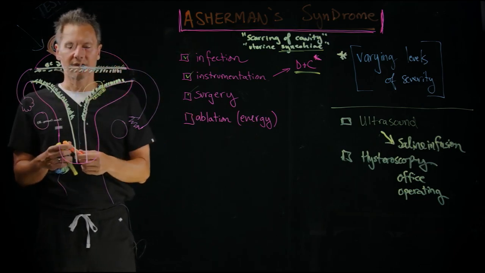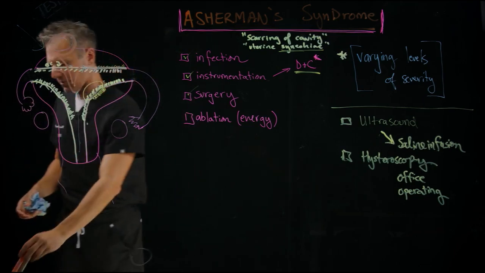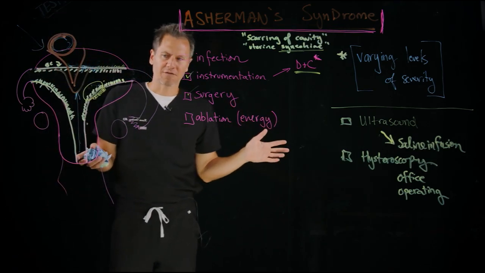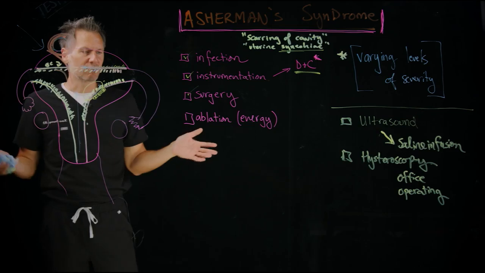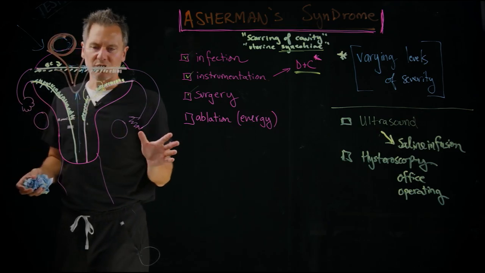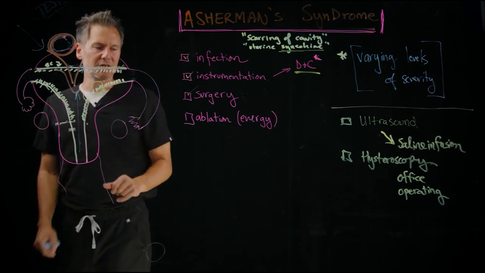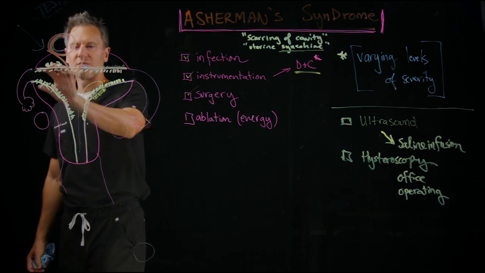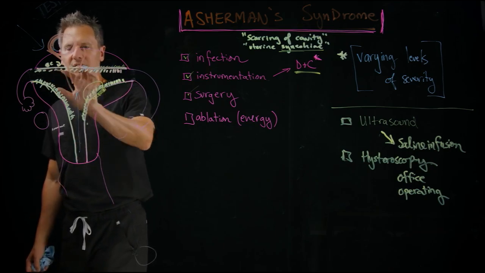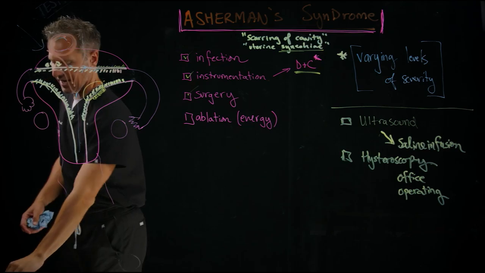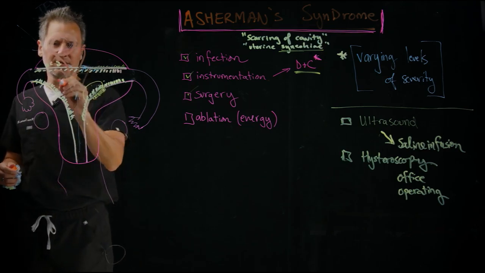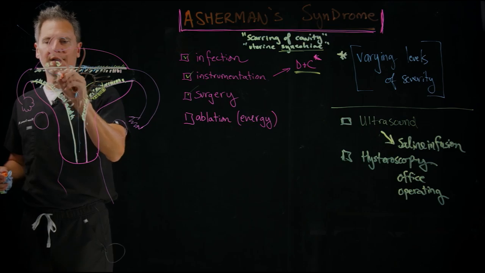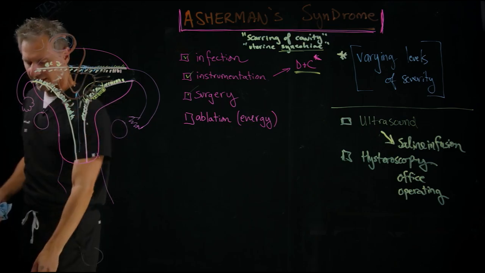Ablation: this is a treatment for someone who's maybe done with their family building, they have two children, they have abnormal uterine bleeding, they're sick of it, but they still want their uterus. Some gynecologists will recommend an ablation, where they put a device inside the uterine cavity that burns the lining and basically destroys it.